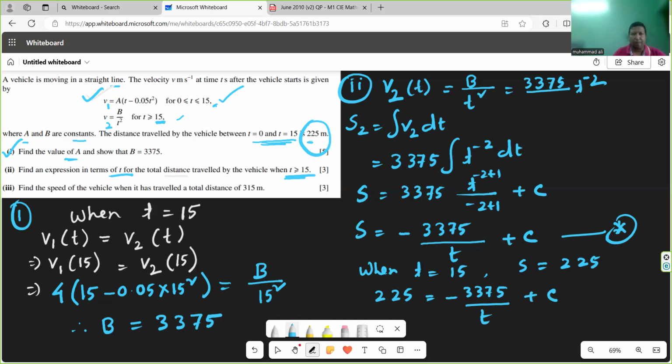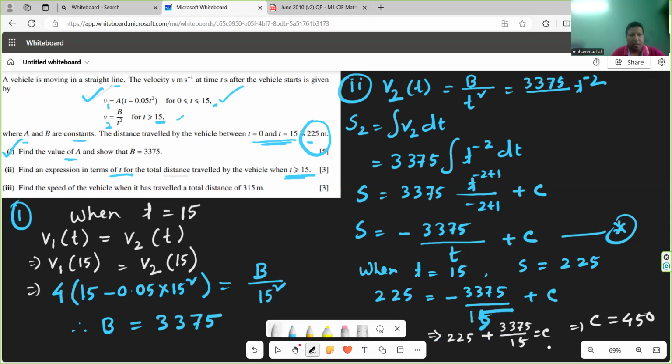Here the t value is 15. Now if we simplify, we get 225 plus 3375 by 15 equals c. From here, if we calculate, we get c equals 450.